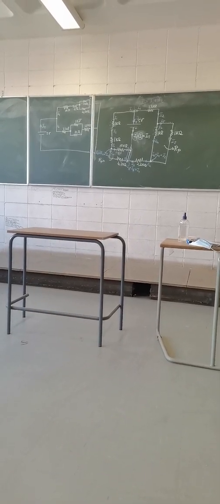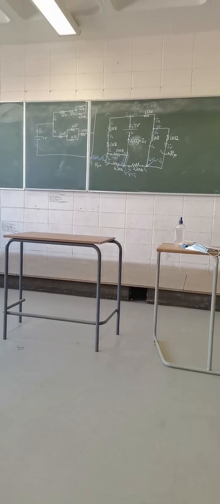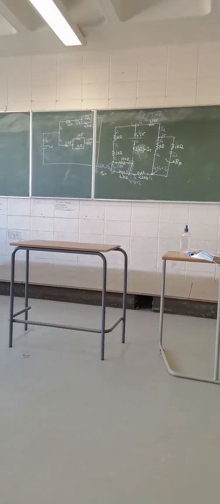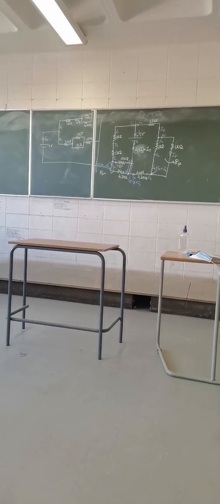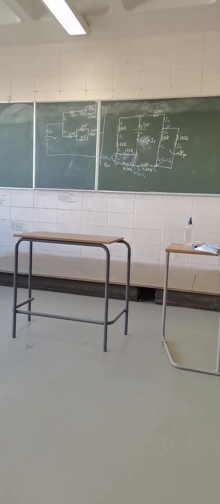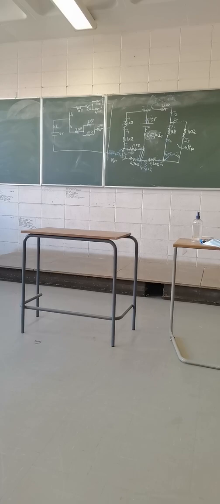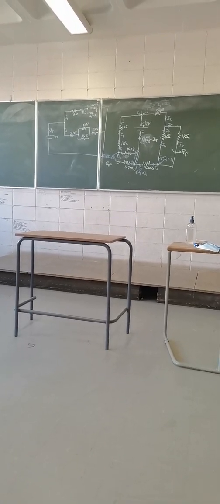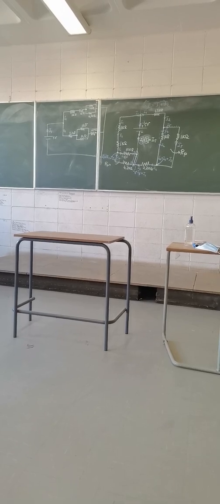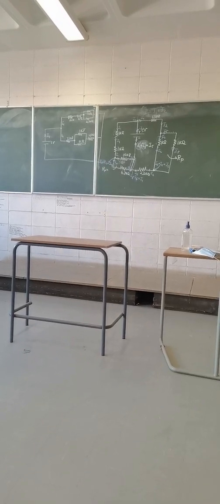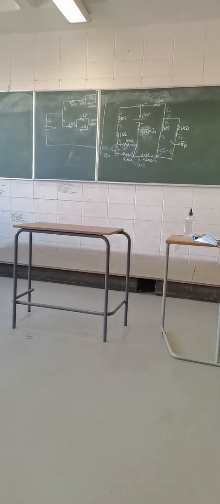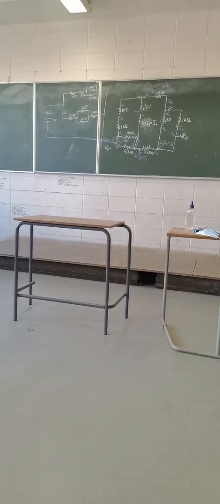We know that you know how to use Ohm's law, V is equal to I R. But use the current divider rule to find the current which is flowing through a certain component.